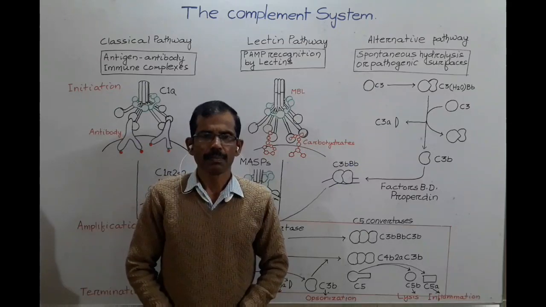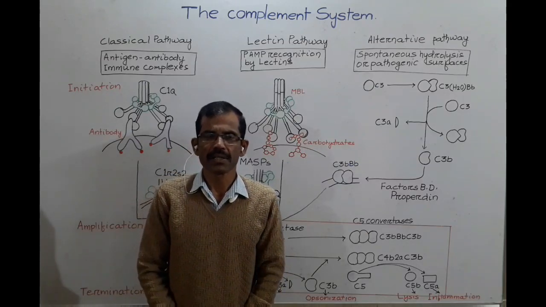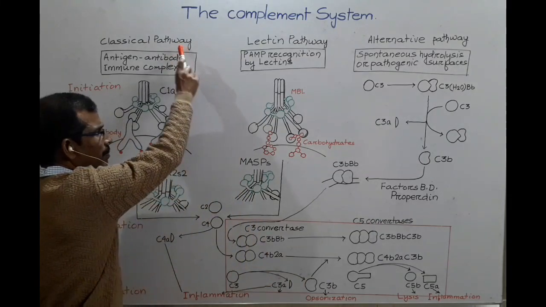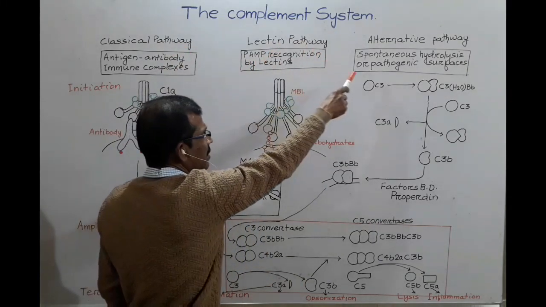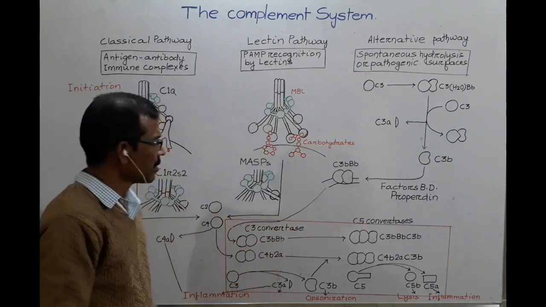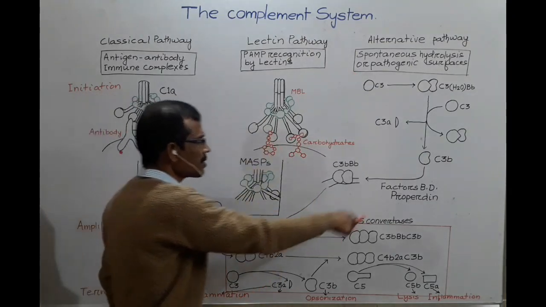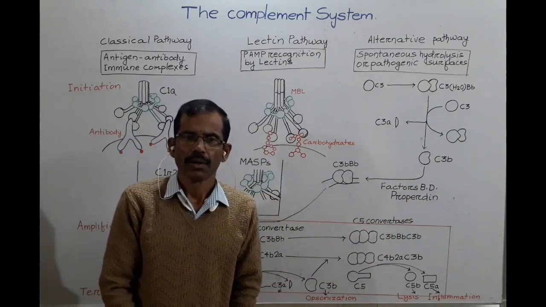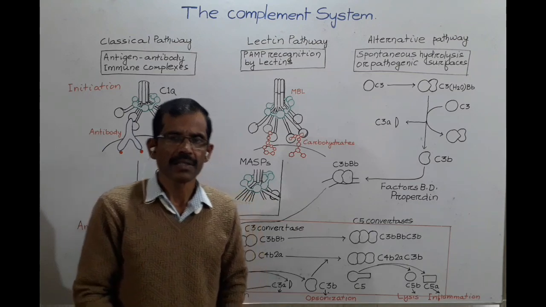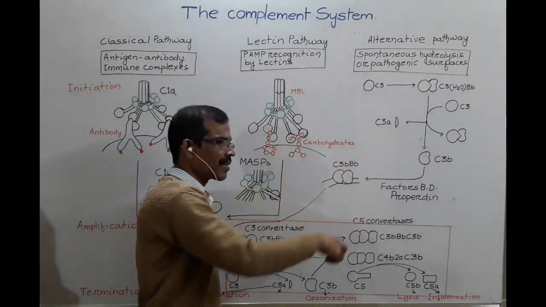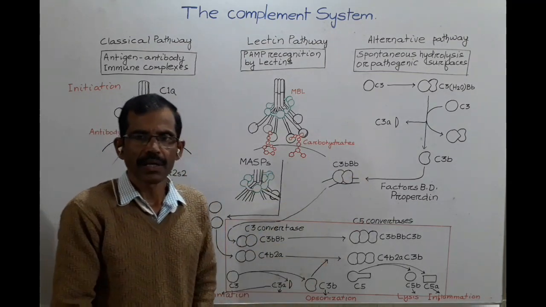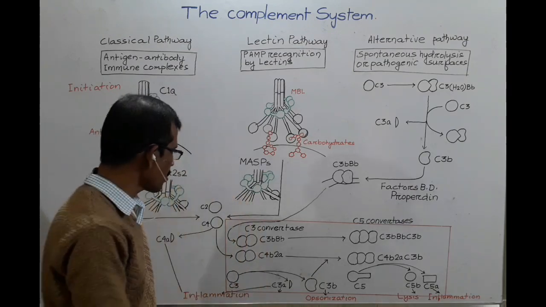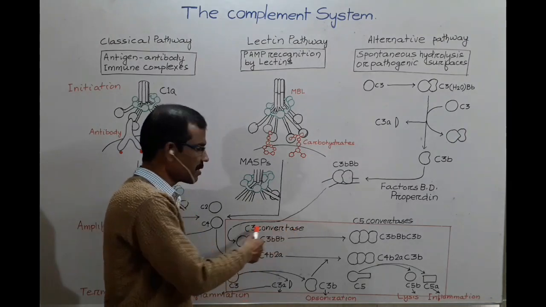There are three major pathways of complement activation. These pathways are the classical pathway, lectin pathway and alternative pathway. This figure shows the major initiation pathways of the complement cascade. Although the initiating events in each of the three pathways are different, all of them lead to the generation of an enzyme complex known as C3 convertase.